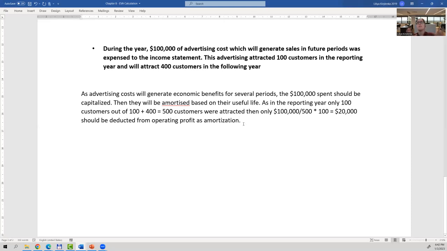Yes, this is what we correct in our notional operating profit after tax.